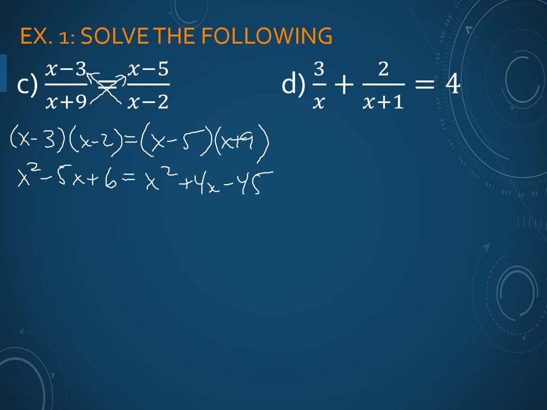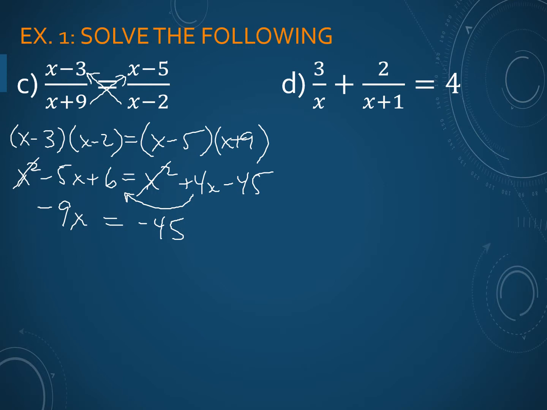Collect like terms. I'm going to skip some steps here. These x squareds, they're going to cancel out. Negative 5x, bring the 4x over, becomes negative 4x. And that's going to give you negative 9x. When I bring this over, it's going to become negative. And we have negative 45.